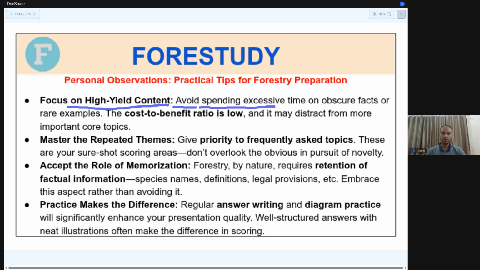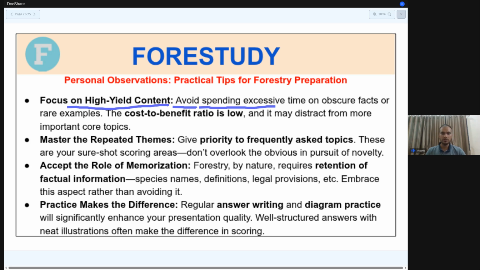Thirdly, accept the role of memorization. A lot of memorization is involved. Don't complain that memorization is not your cup of tea. If it is not, then include some hacks.